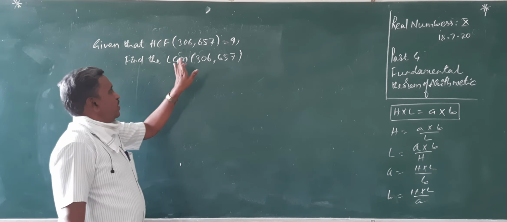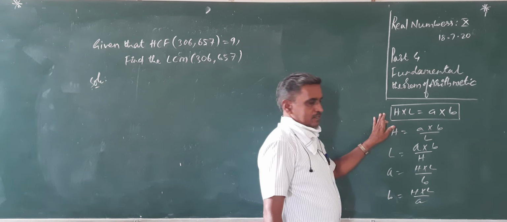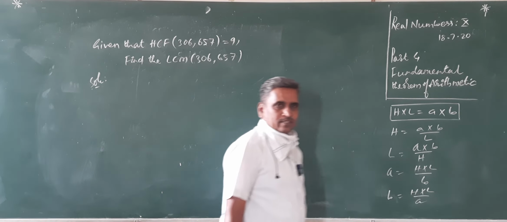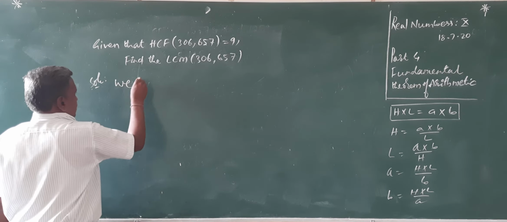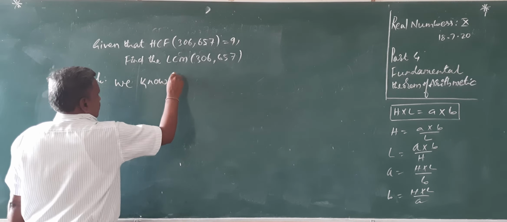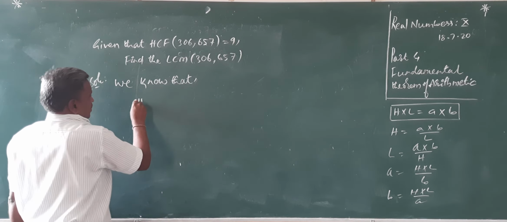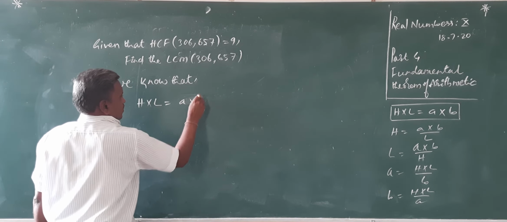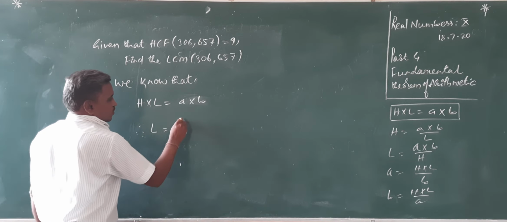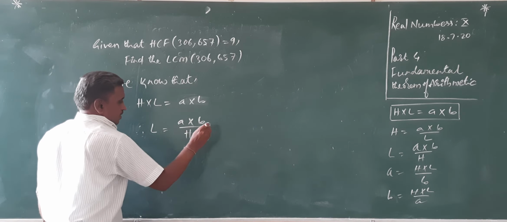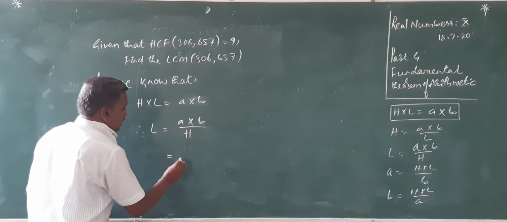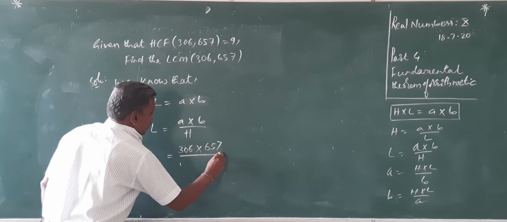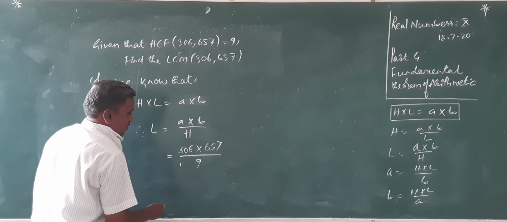HCF is given, and we need to find the LCM. We know that H into L is equal to A into B. Therefore, L equals A into B divided by H, where A is 306, B is 657, divided by H, which is 9. This is the answer.